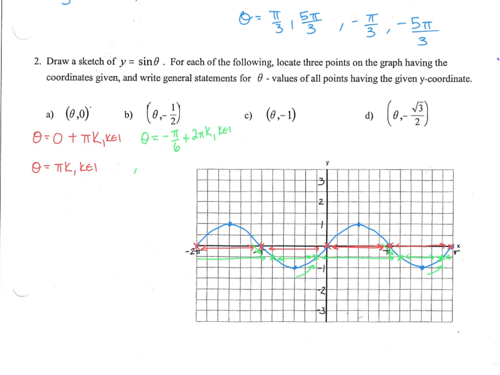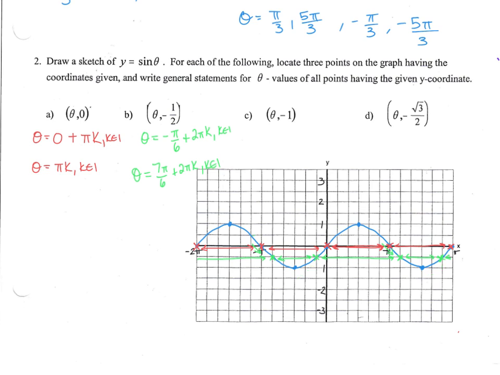So that tells me that I can be falling to a y value of -1/2 at 7π/6 plus 2πk, because I'm talking about a general statement. K is an element of integers. Instead, maybe I didn't want to use 7π/6, but I used -5π/6 plus 2πk. Also perfectly correct.